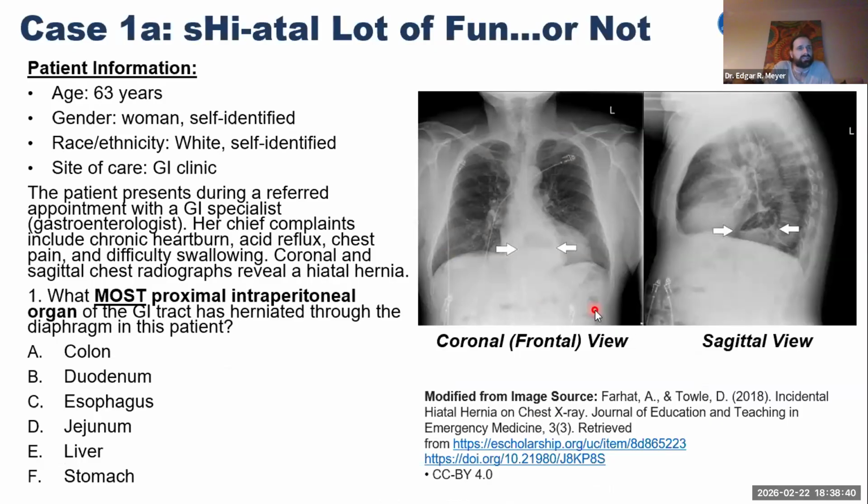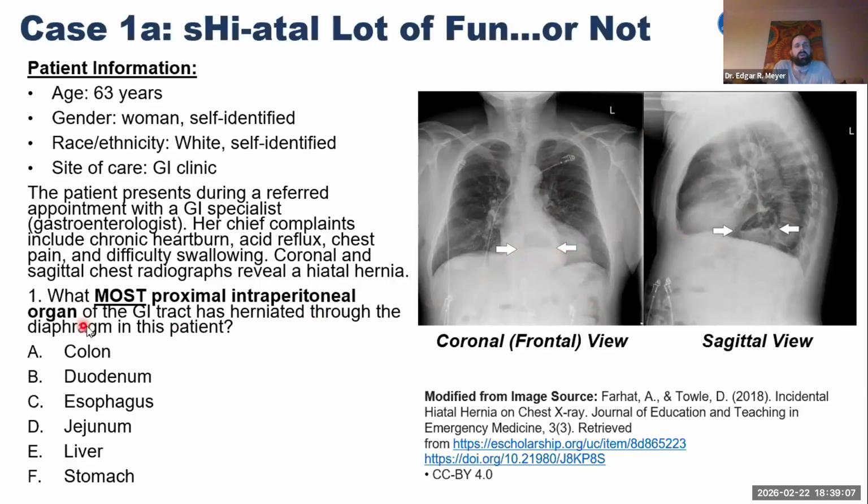Chief complaints include chronic heartburn, acid reflux, chest pain, and difficulty swallowing. This coronal and sagittal view of her chest radiographs, and the white arrows that we see here actually reveal a hiatal hernia, also known as a diaphragmatic hernia.